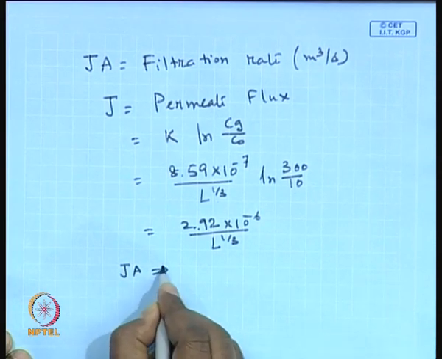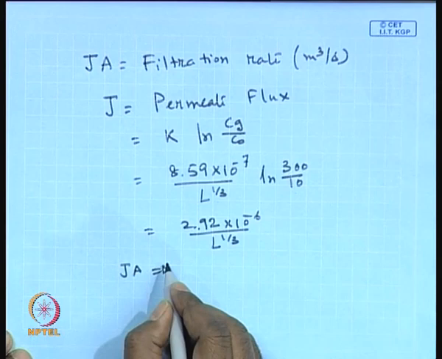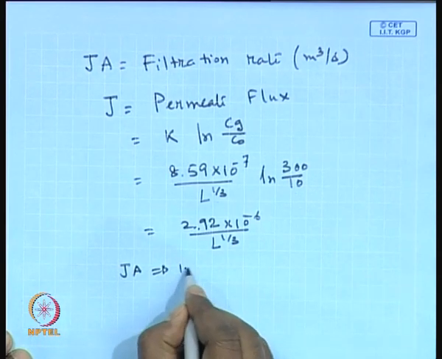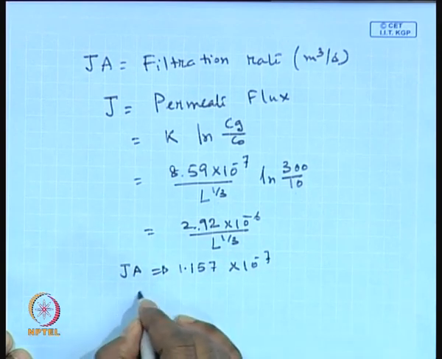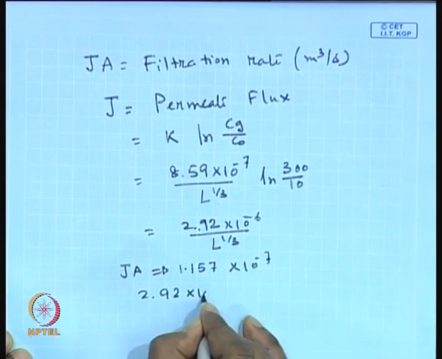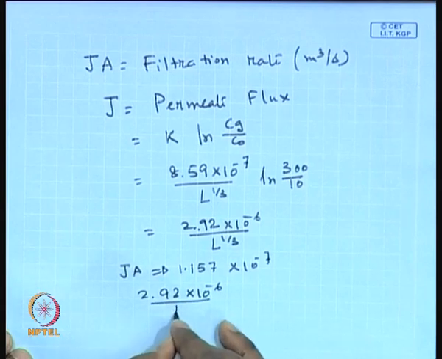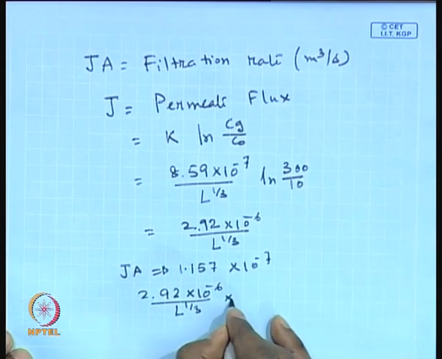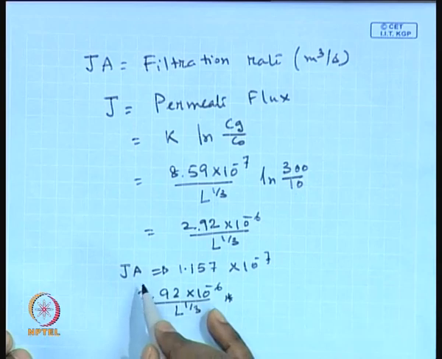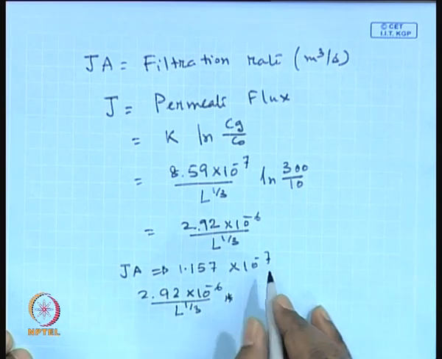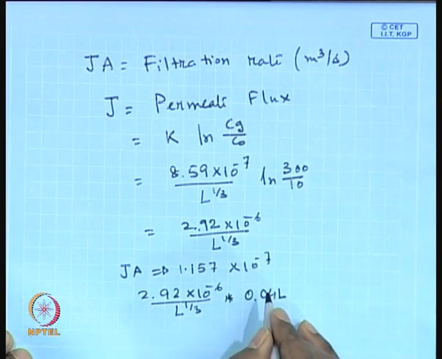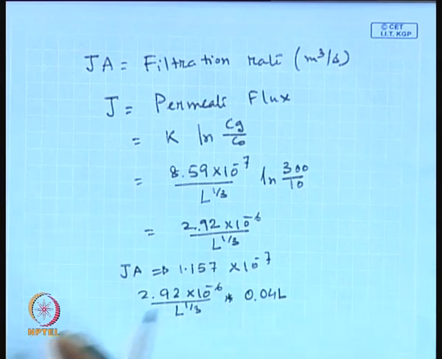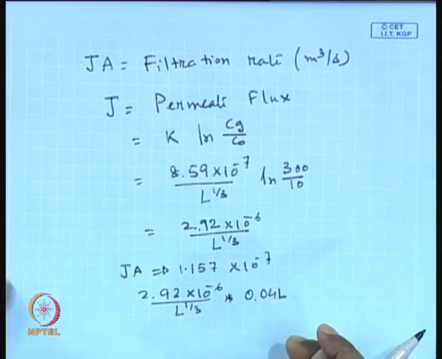J times A is equal to the filtration rate, that is 1.157 into 10 to the power minus 6. So, this becomes 2.92 into 10 to the power minus 6 divided by L to the power 1 upon 3 multiplied by the area. The area we have already found is 0.04 times L, where the width is 0.04 meter.